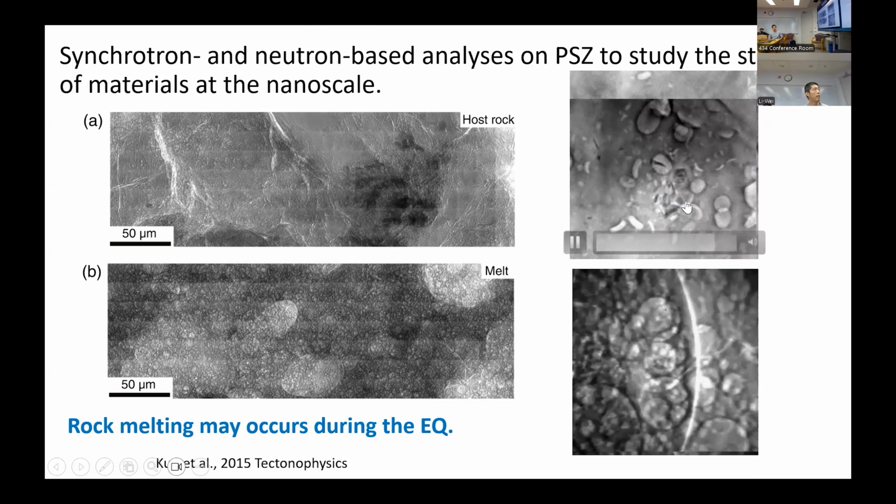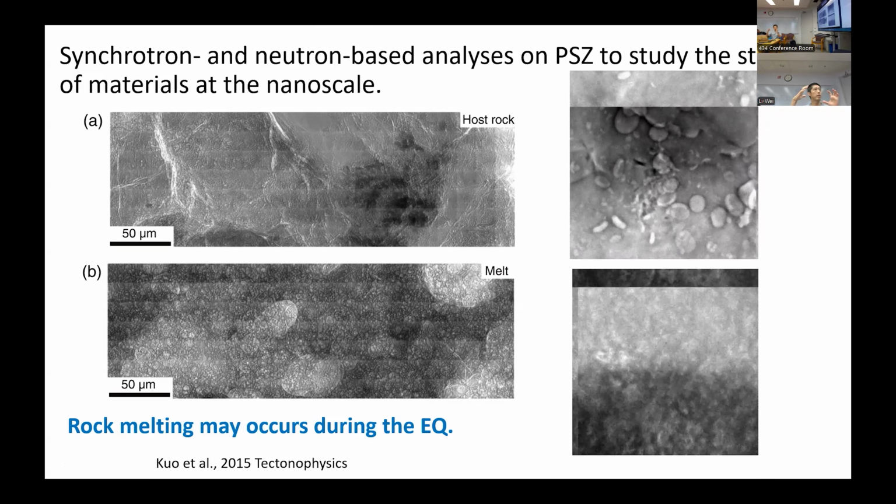You can see the grain shape is pretty rounded, and this is due to the Gibbs-Thomson effect. If you have an angular shape with a high ratio, it will be easily melted by the surrounding melt, so the shape will become rounded.